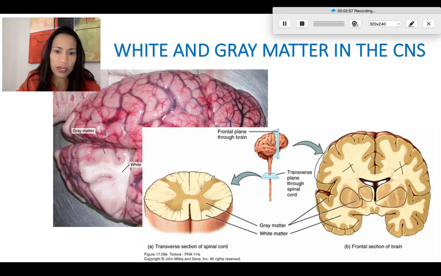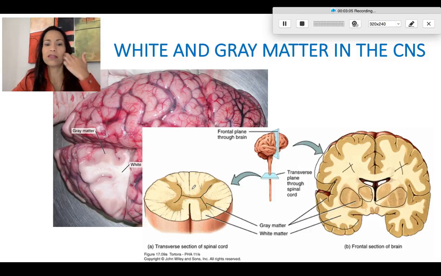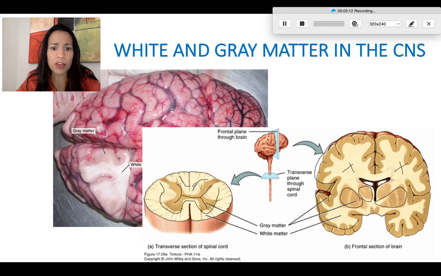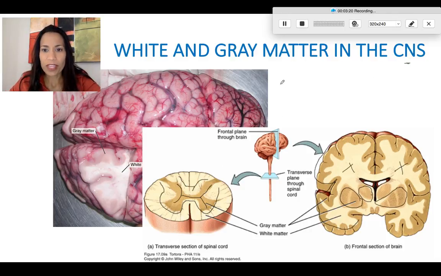In the spinal cord, it changes. Now, the gray matter is located centrally, and it has this butterfly shape that we will describe in about two chapters. And in the periphery, surrounding the gray matter, we have the white matter. Now remember, we're in the central nervous system, and in the central nervous system we said that clusters of cell somas, or bodies of the cells, group together to form nuclei.